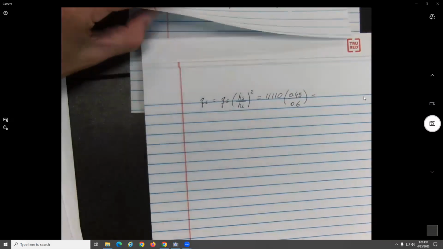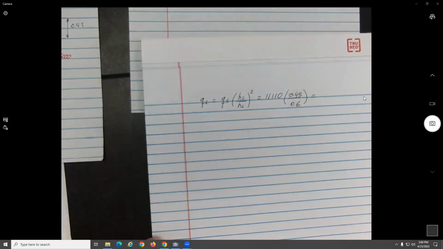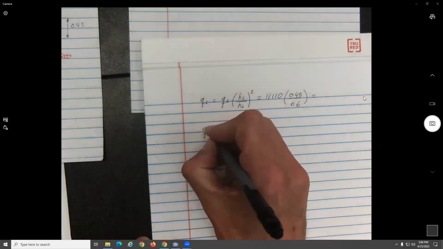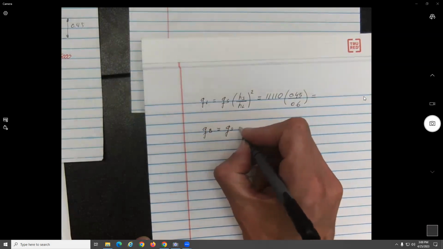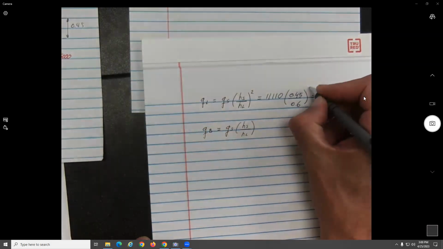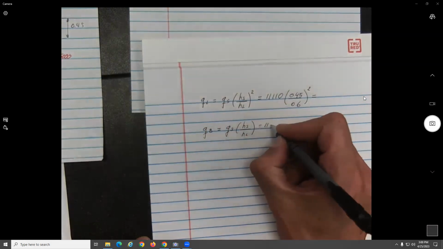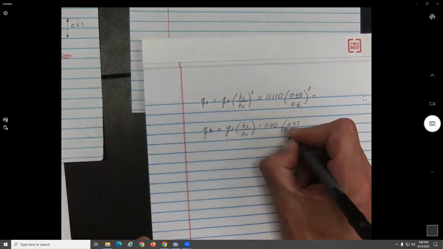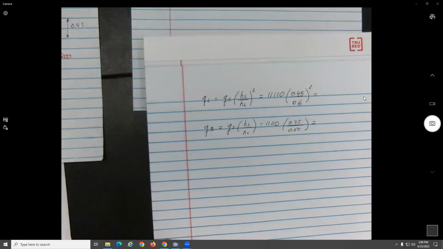Let's do all of them and then you can give me the values. Then we have here QB to be equal to Q short HS over HL. I forgot to put the square over here. So this will be 11,110 times 0.45 divided by 0.60. You will give me the value.